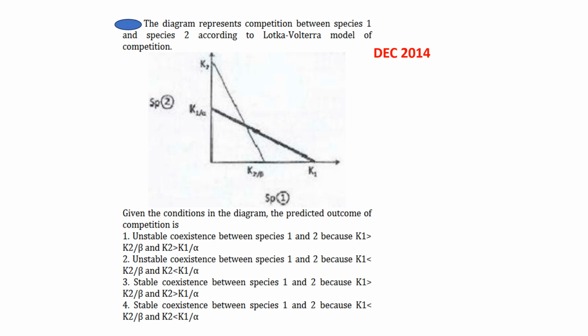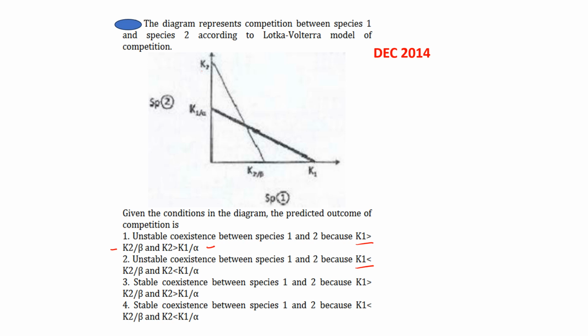Given the condition in the diagram, the predicted outcome of competition is: first, unstable coexistence between species 1 and species 2 because K1 is greater than K2 upon beta and K2 is greater than K1 upon alpha. Second, unstable coexistence between species 1 and species 2 because K1 is less than K2 upon beta and K2 is less than K1 upon alpha.